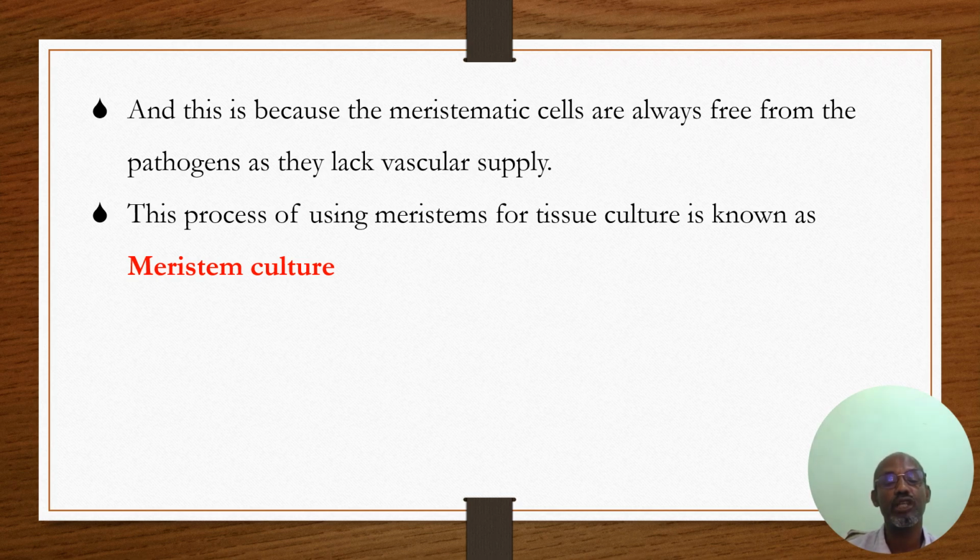This process of using meristems for tissue culture is known as meristem culture. And therefore, if you are asked what is the significance of meristem culture? It is to grow disease-free plants from plants affected by disease caused by virus, bacteria or fungi.